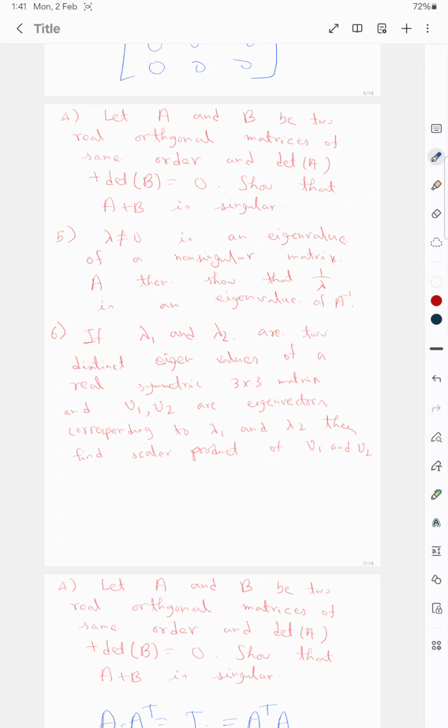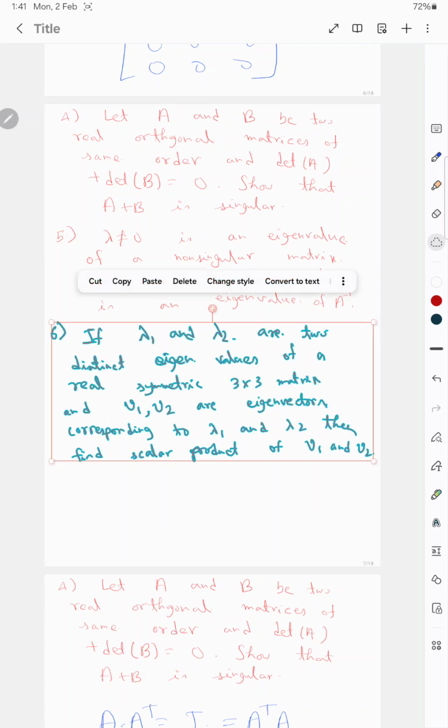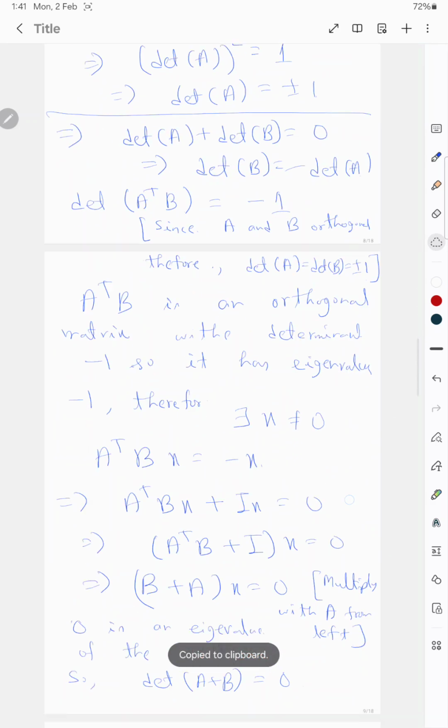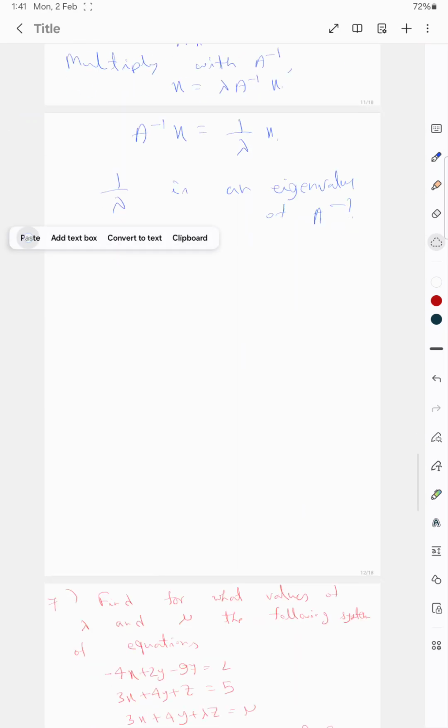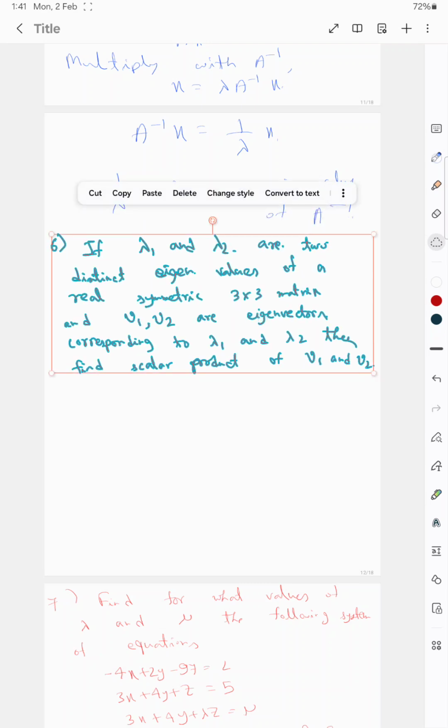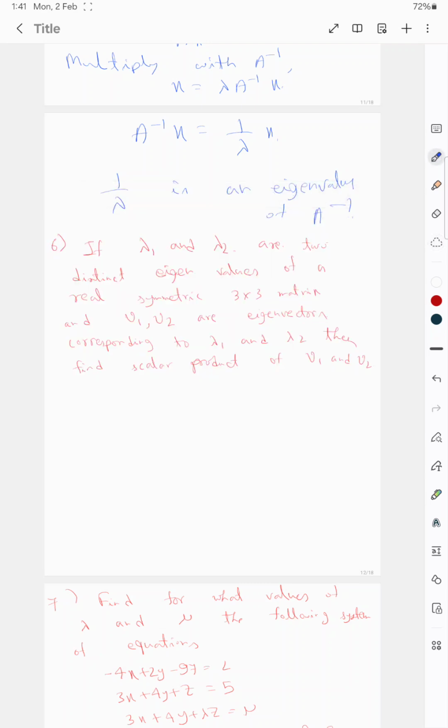Now for the sixth one, suppose you have two eigenvalues, lambda 1 and lambda 2, and v1 and v2 are the corresponding eigenvectors. So A v1 equal to lambda 1 v1, and A v2 equal to lambda 2 v2.